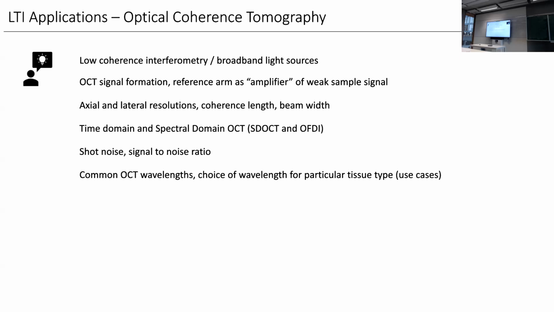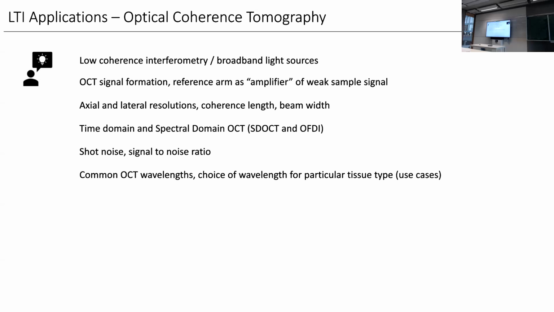To calculate the actual axial resolutions, coherence lengths, given the characteristics of the light source, and beam width translates into lateral resolutions. Differences between time domain and spectral domain OCT, both in how they are built, what kind of equipment they use, and also that there's a speed advantage, or an SNR advantage for spectral domain OCT.